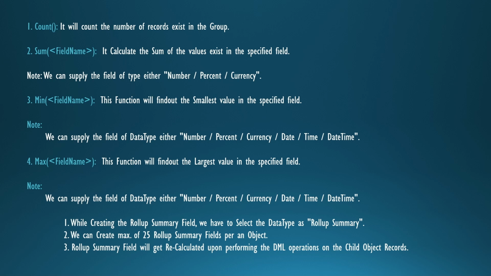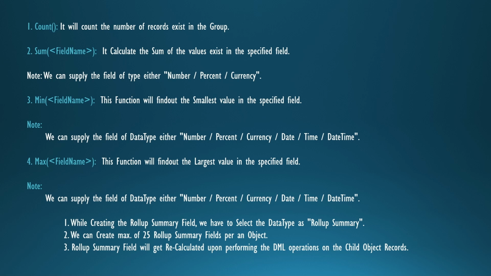This function will find out the smallest value in the specified field. Note: we can supply the field of data type either number or percent or currency or date or time. 4. Maximum. This function will find out the largest value in the specified field. Note: we can supply the field of data type either number or percent or currency or date or time.